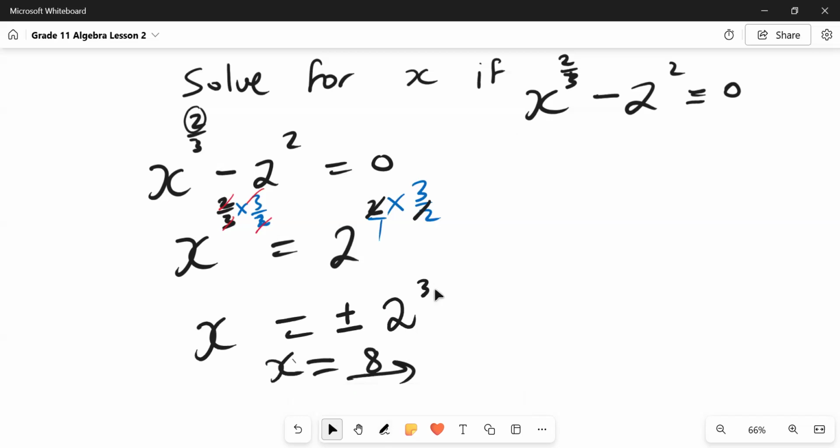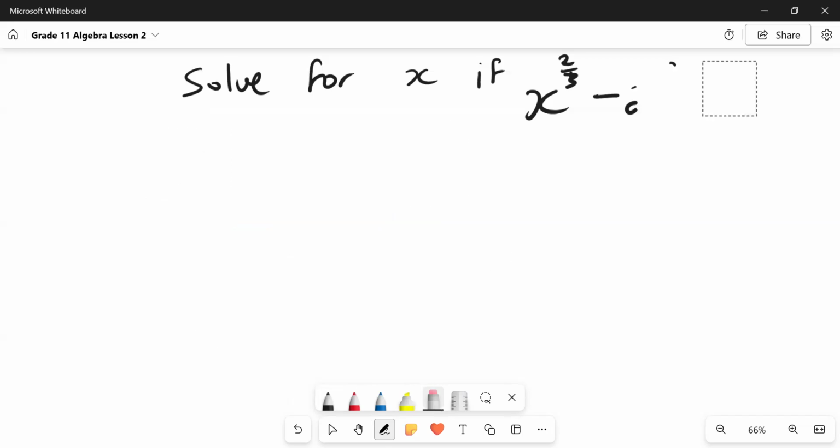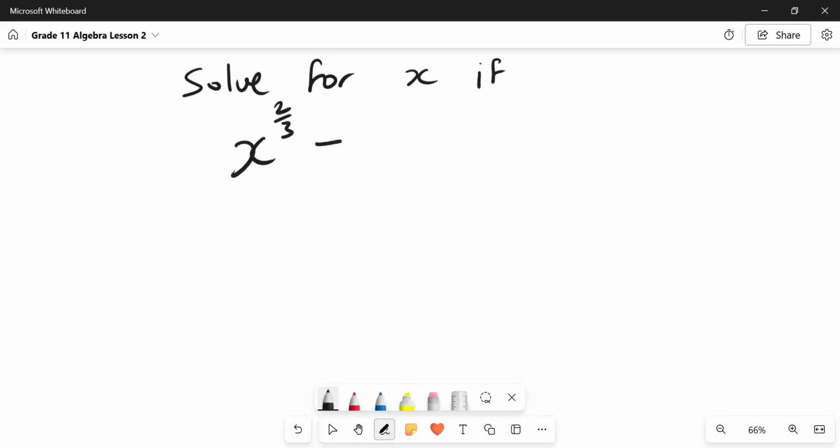And then let's move to the next example. Let's see what they are giving us. Still solving for x, but now they're giving us x to the power 2 over 3 equals 2 to the power 4.